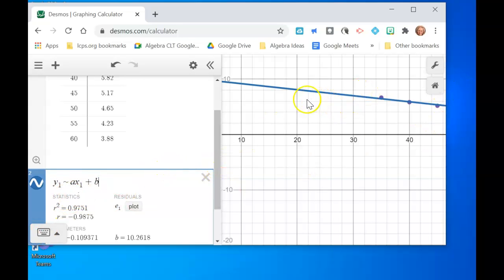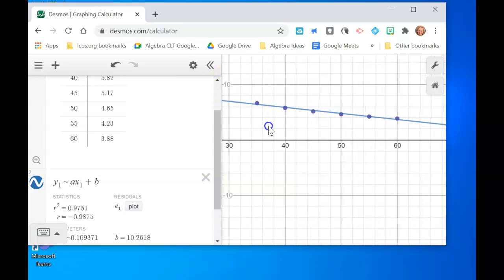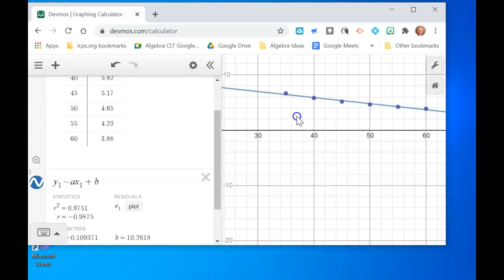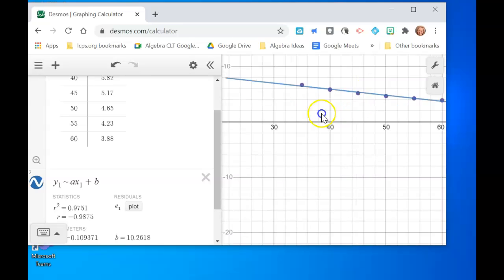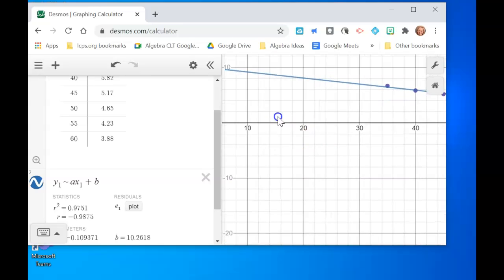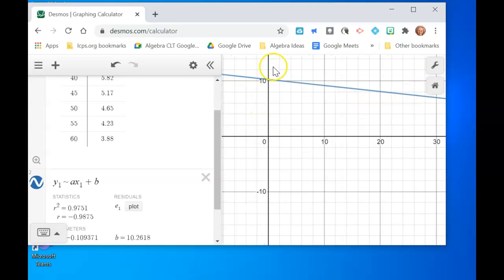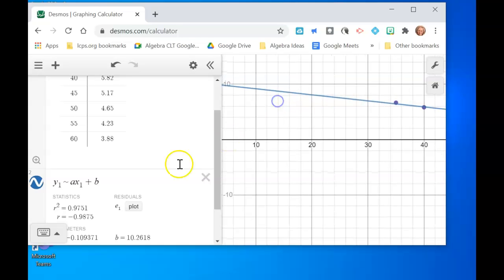Now notice, Desmos put a line through all those values, or really what's close to those values. In this case, they're really close to being on the line. It comes up with a line of best fit, and notice we have our y-intercept and our slope.